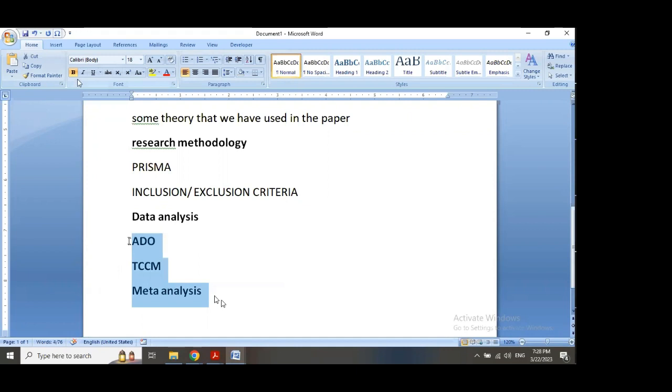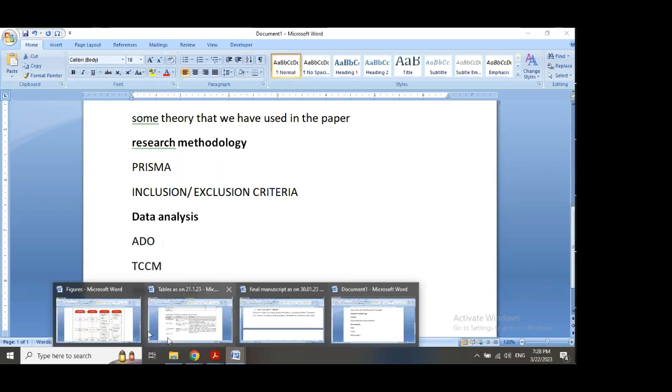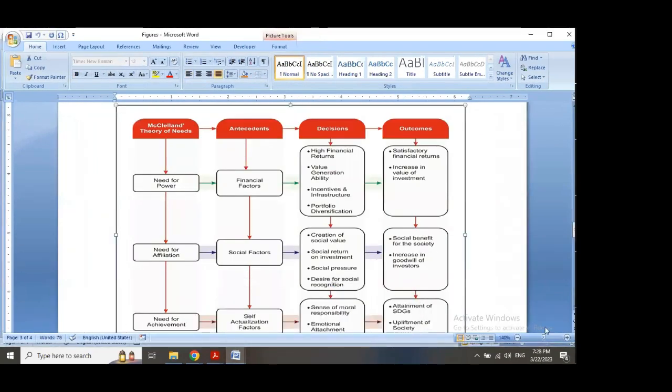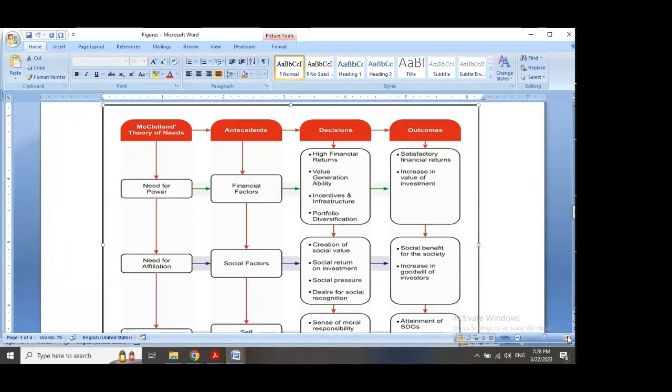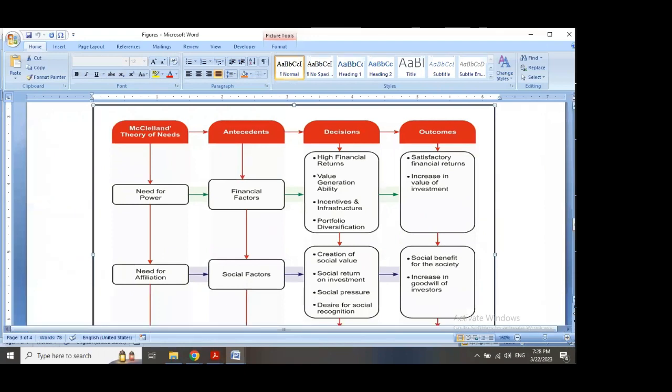When we are doing the data analysis, we will be making a model. Let me take you to one of the models. This is the most important, ये इस पेपर की जान होता है.